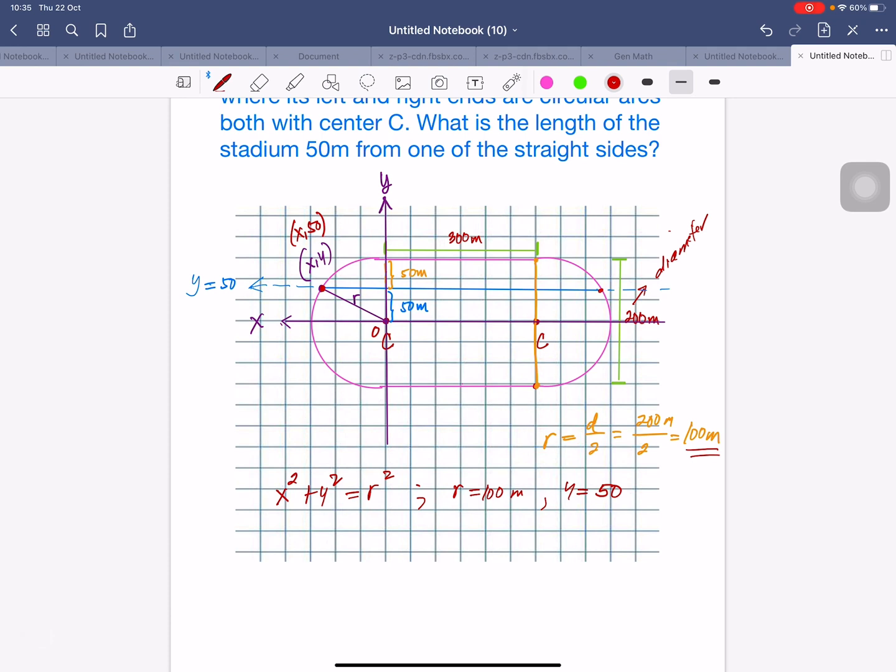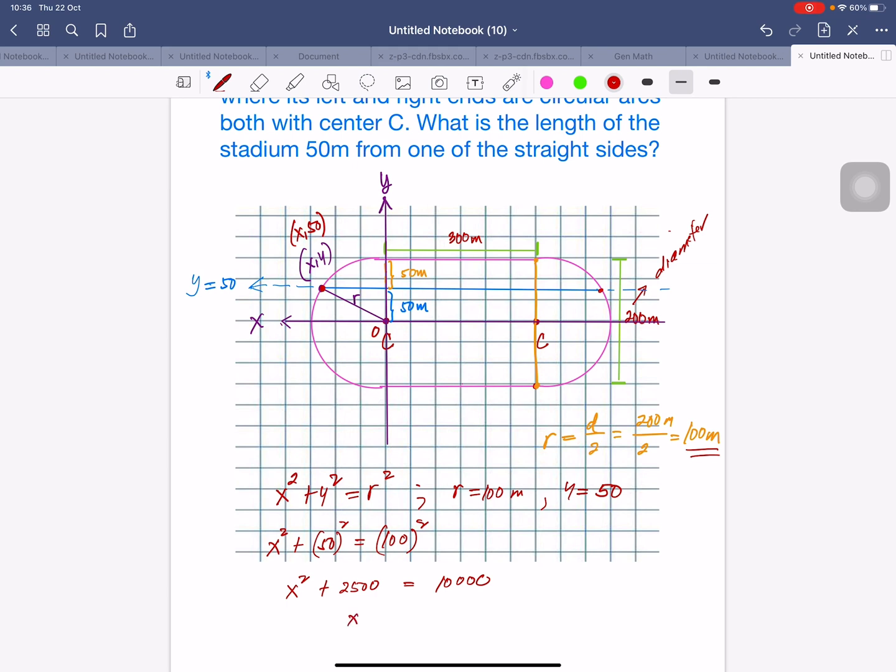You have x squared plus 50 squared is equal to 100 squared. Simplify further, you will have x squared plus 2,500 is equal to 10,000.